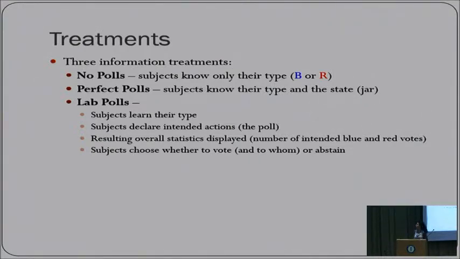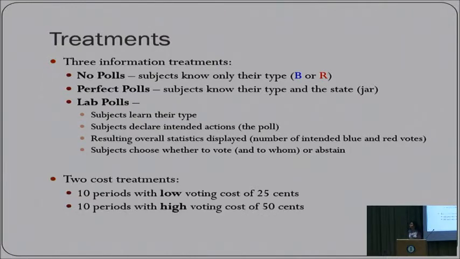This is the actual poll. And the resulting overall statistics are displayed. So the number of intended blue and red votes might not sum up to 9. And then subjects choose whether to vote and for whom, or abstain. And 2 cost treatments: 10 periods with low voting costs of 25 points and 10 periods with high voting costs of 50 points, or cents.